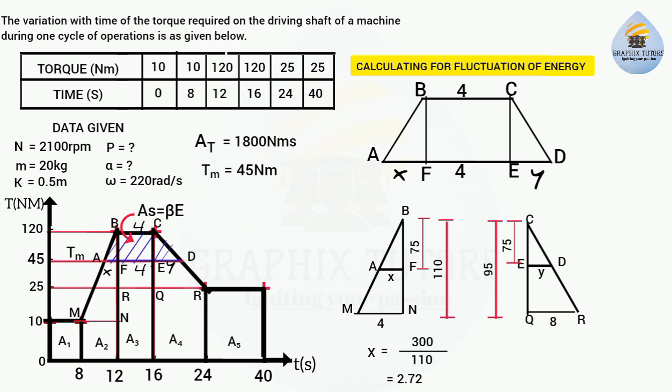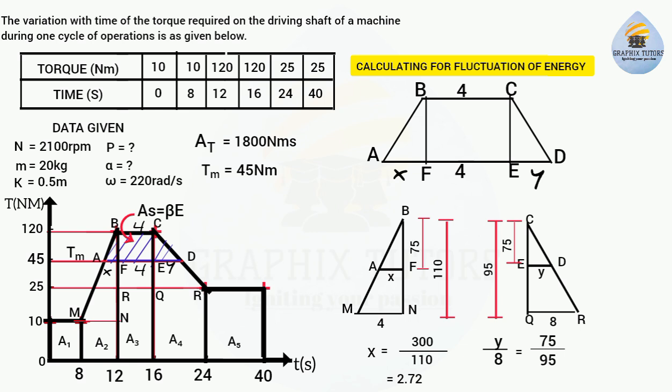Similarly, on the other triangle, we'll do the same thing, saying the base of the smaller triangle, which is y, divided by the base of the bigger triangle, which is 8, is equal to the height of the smaller triangle, which is 75, divided by the height of the bigger triangle, which is 95.